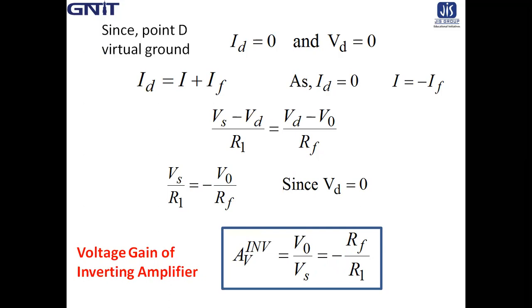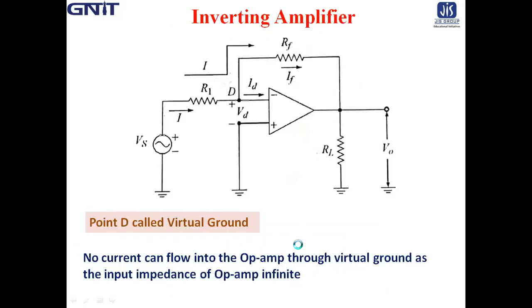Actually, this negative sign in the gain expression indicates that the input and output signals are out of phase by 180 degrees. That is why the negative terminal is called the inverting input terminal, as the input signal is shifted by 180 degrees at the output.